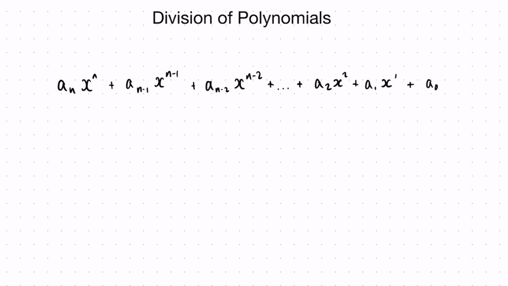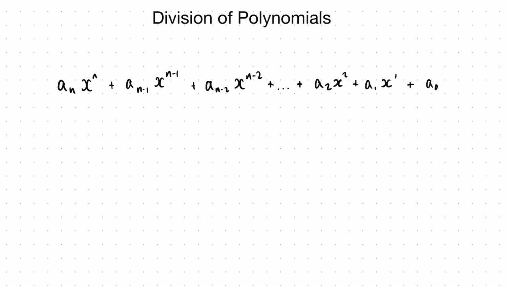First of all, we're just going to look at what is actually a polynomial. So the general form of a polynomial can be written as follows on the screen. An x to the power n plus an minus 1 x to the power n minus 1 and so on and so forth. Okay.